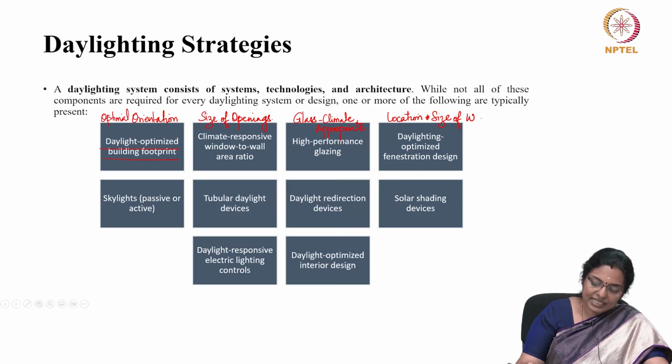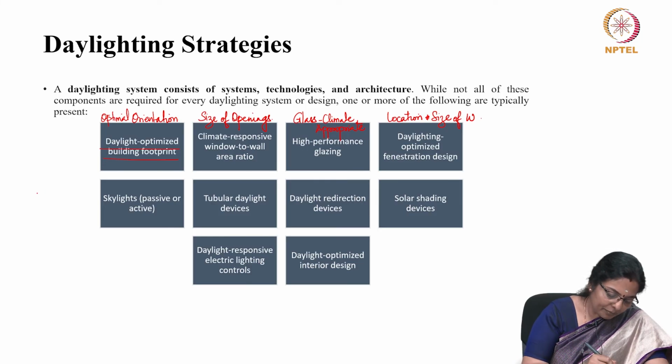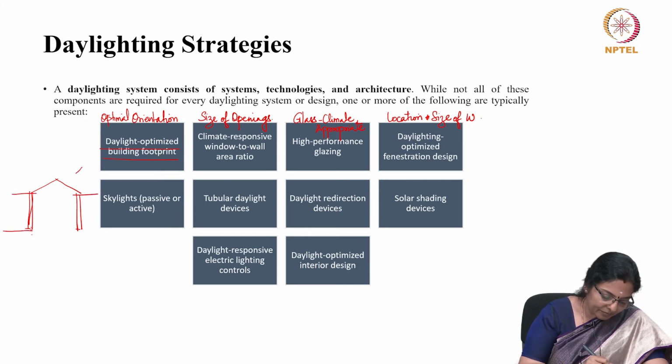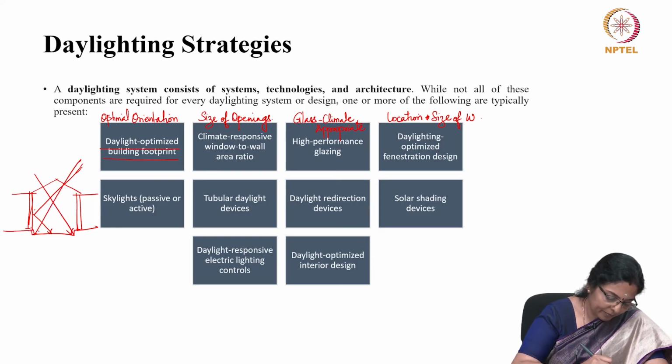Skylights we have already seen, these are nothing but in the form of say atriums, and light enters through the glazing. It could be direct or it could be reflective.